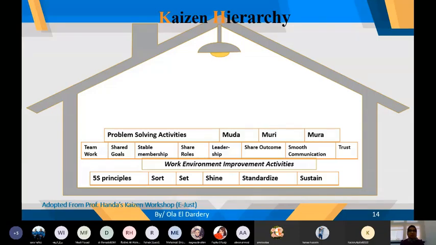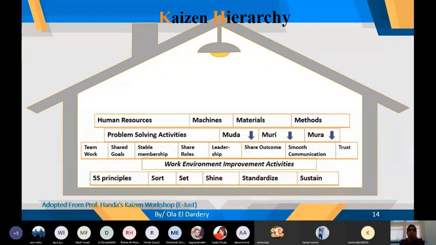It's mainly something that doesn't belong there, irregularities, or something irrelevant, as those three words mean. And this is the problem-solving activities, which, as we said, is the focus of the lean process. It's one of the elements in Kaizen. Right, so we have to reduce the Muda, we have to reduce Muri, and we have to reduce Mura.